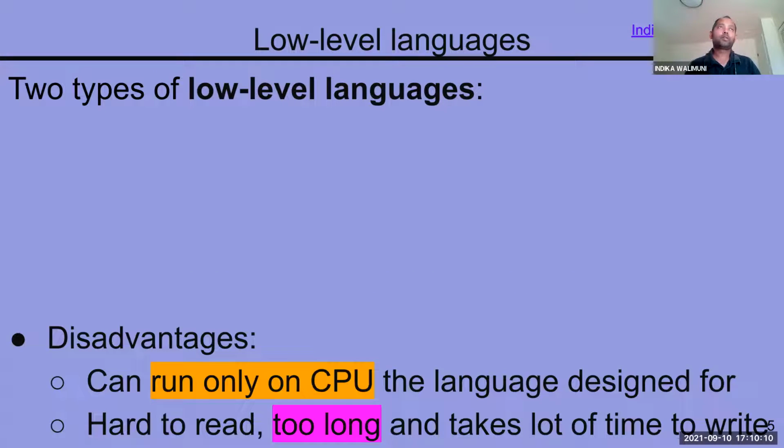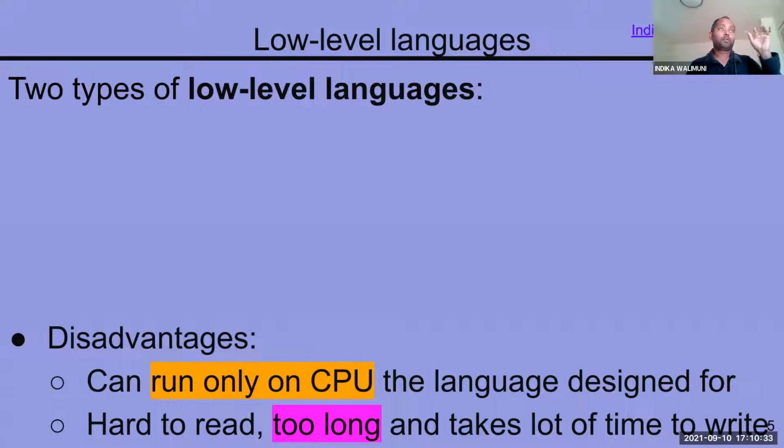So there are a lot of disadvantages, right? Low-level languages can only run on the CPU that the language is designed for. That means there are a lot of dependencies. Also, it's hard to read, and it's too long.